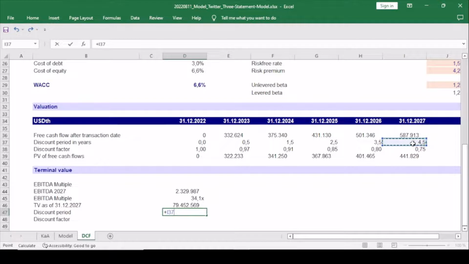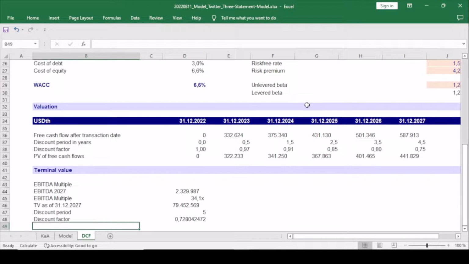But as we calculated the terminal value as of December, we have to add another half year and then as well calculate the underlying discount factor to arrive at the present value of terminal value.